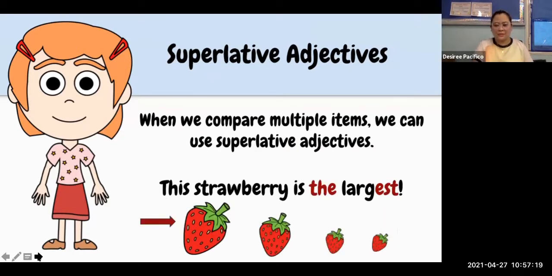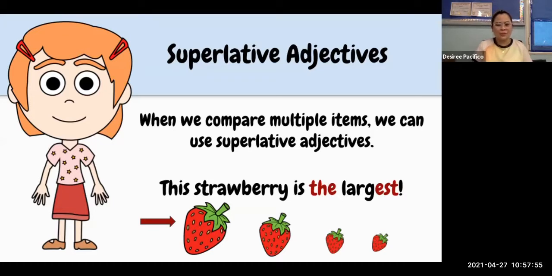Superlative adjectives is another kind of adjective. And what is a superlative adjective, Miss Desiree? When we compare multiple items, it means many. So when we compare multiple items, we can use superlative adjectives. So if you are going to compare 4 strawberries, then that's not just 2, it's 4, so they are many, they are multiple.